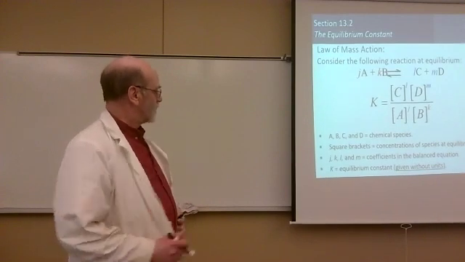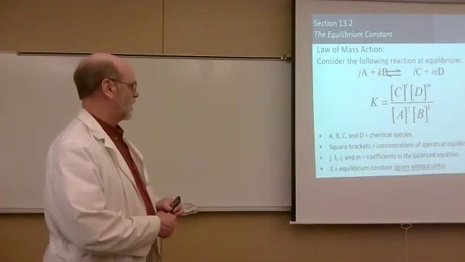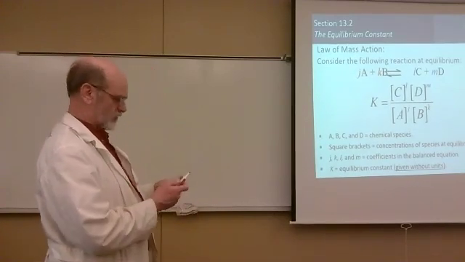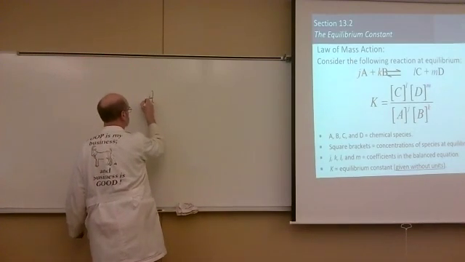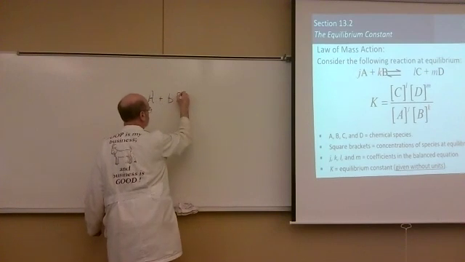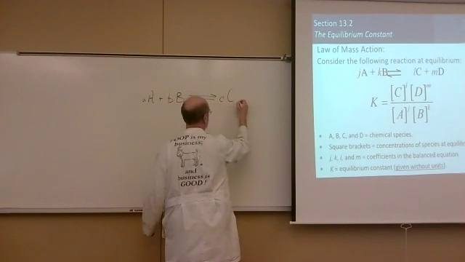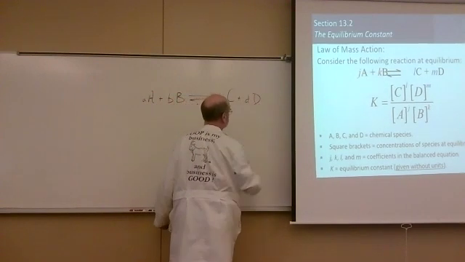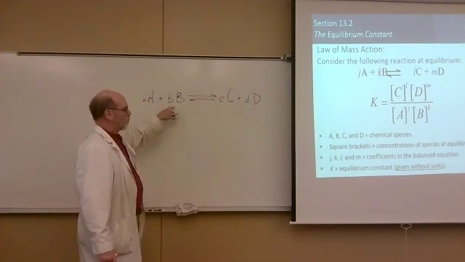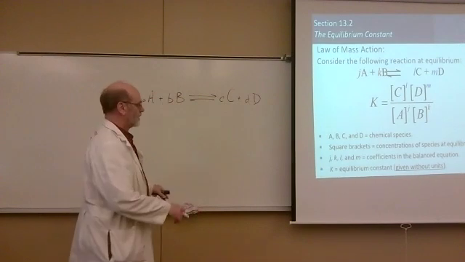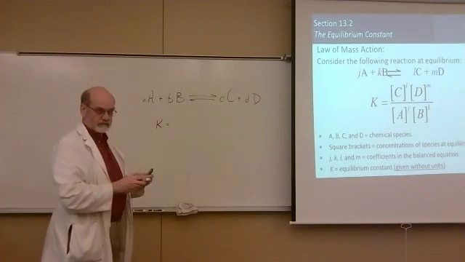Now, this is the law that governs any reaction. I'm not too fond of those letters. I like it this way, with the coefficients as small letters, so you can tell where they came from. This expression is a constant.